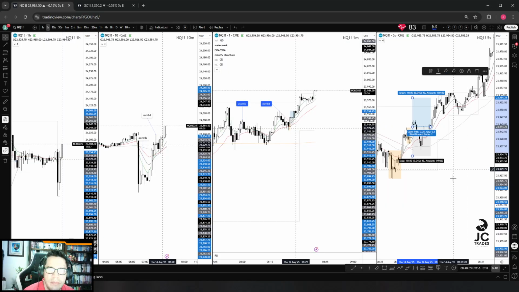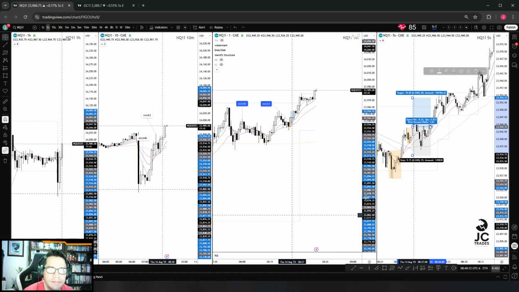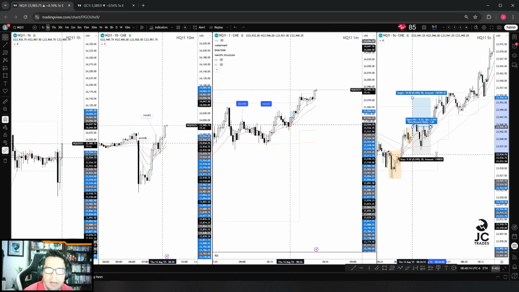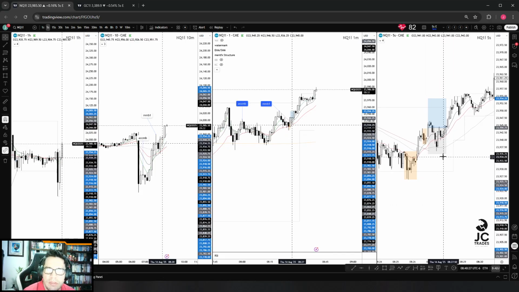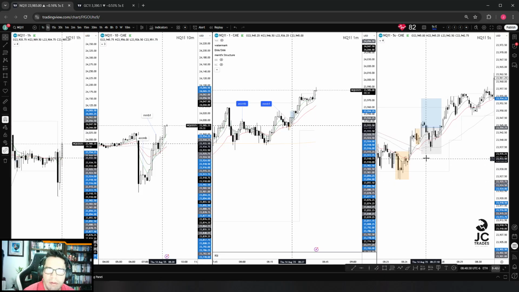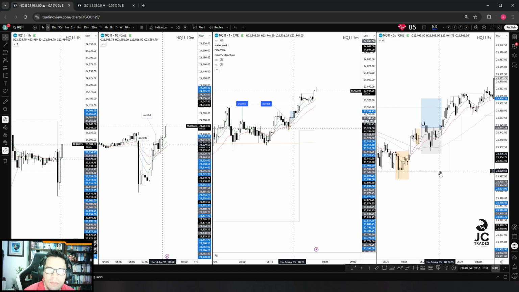So that was the tap in. Let's go and see here. So placing our buy stop here for one contract. This one would have been protecting our MMB2.